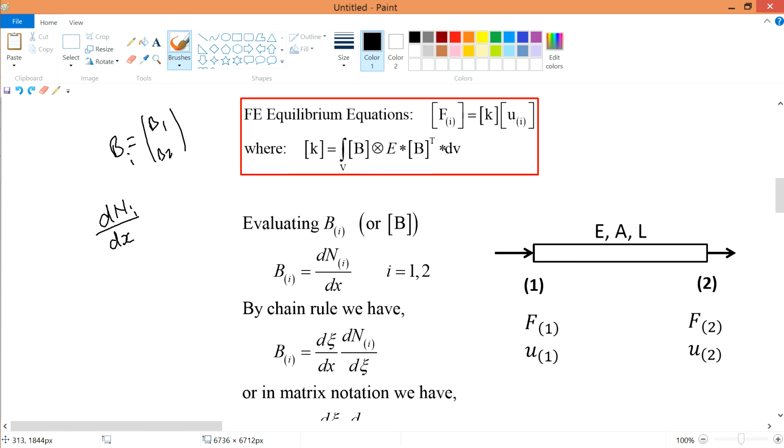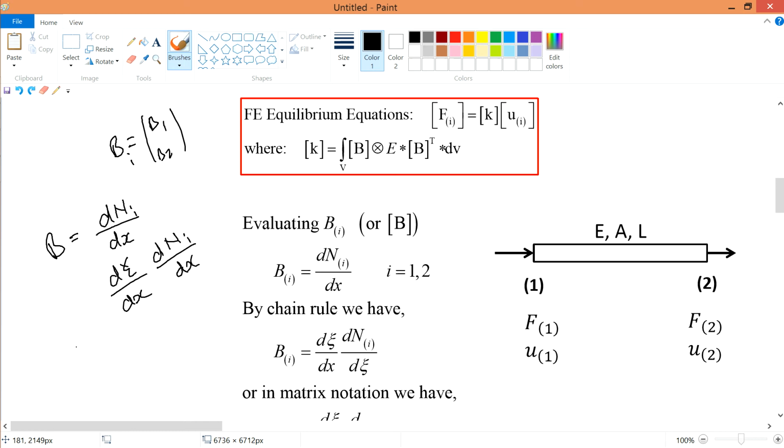Anyway, this B is equal to this thing, and I could expand this by introducing the Jacobian, or rather the inverse Jacobian, which is 1 over J, right?